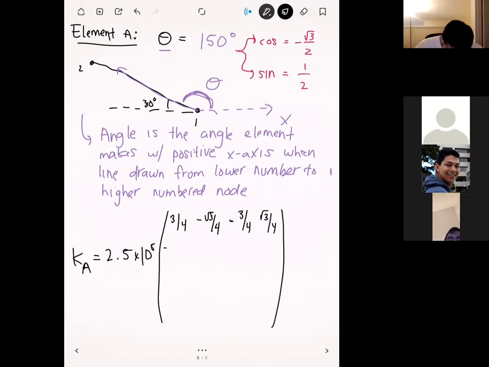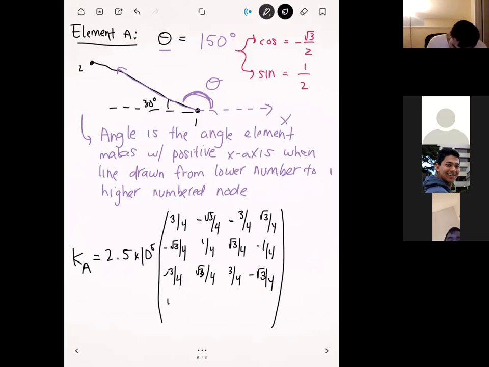Next row is minus root 3 over 4, 1/4, root 3 over 4, minus 1/4. Then minus 3/4, root 3 over 4, 3/4, minus root 3 over 4.